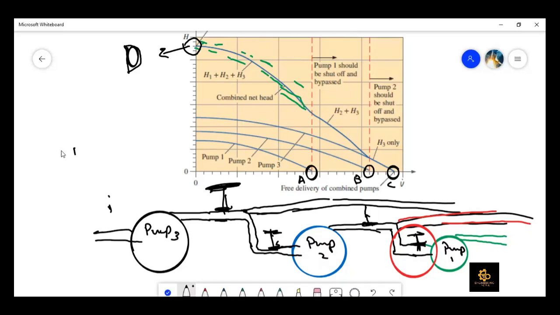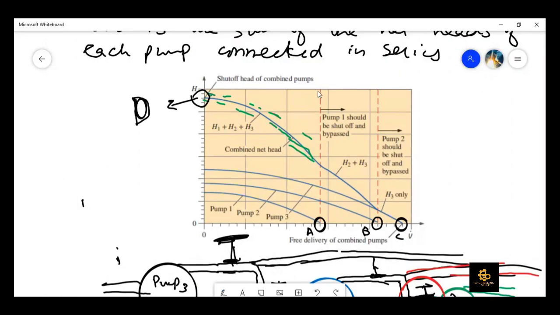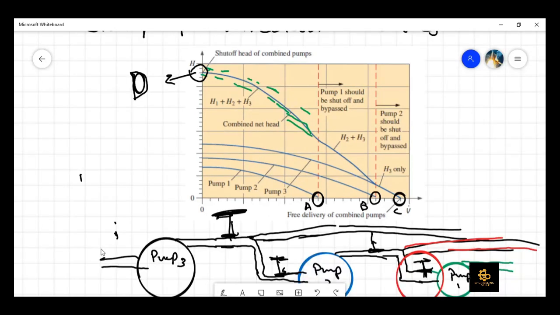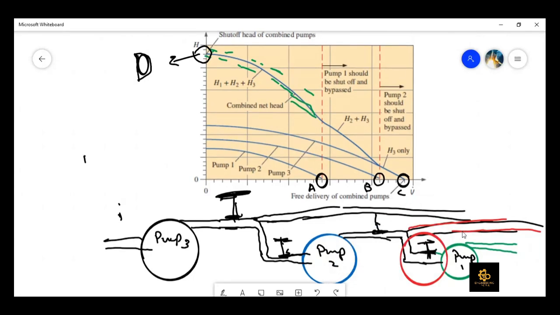If I can show you here, if you see the first red line, it is showing that if the volume flow rate is greater than what this arrow is showing, then pump 1 should be shut off and bypassed. So what is bypass here? That bypass we have shown by this T joint. So it is going to be bypassed here, and there would be a valve here as well.